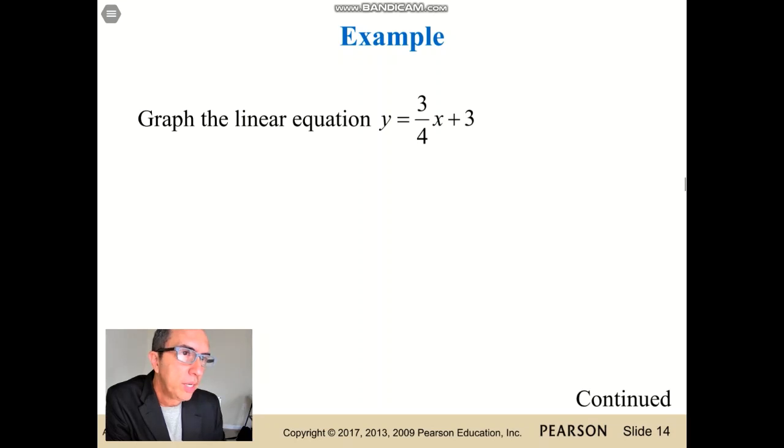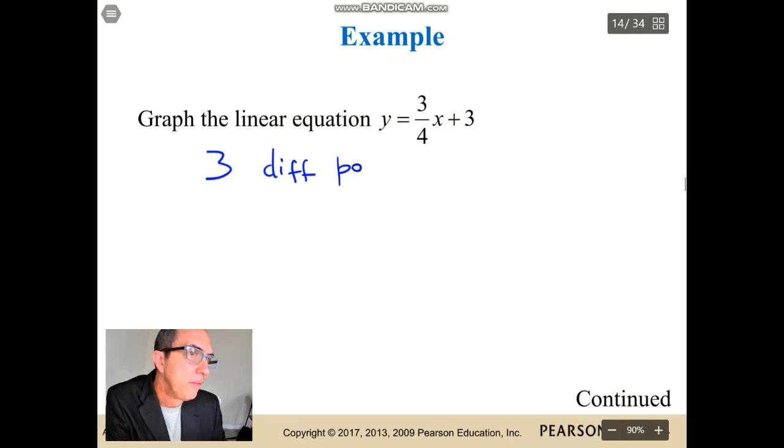The thing that we're gonna do to graph at this point, we will find 3 different points. How you're gonna do this? By assuming a value for x and finding y.